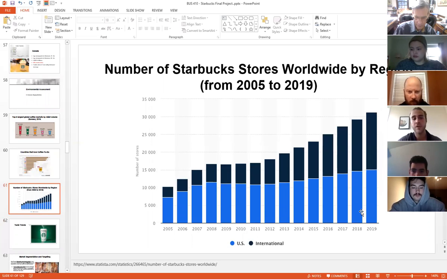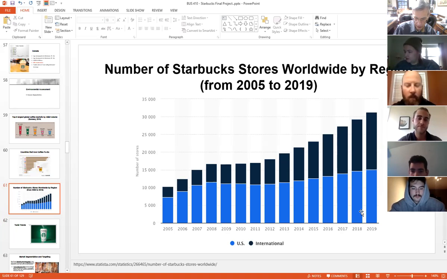And then the number of Starbucks stores worldwide by region. We can see that in the US it has been pretty stable over the years, and most of Starbucks stores are being built internationally. The takeaway here is obviously that Starbucks growth has been outside the United States.